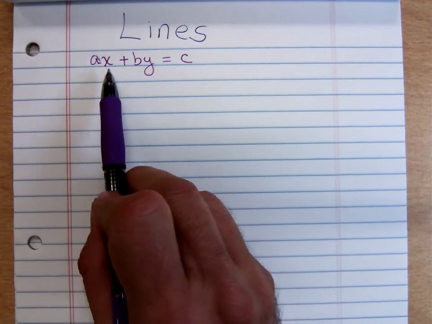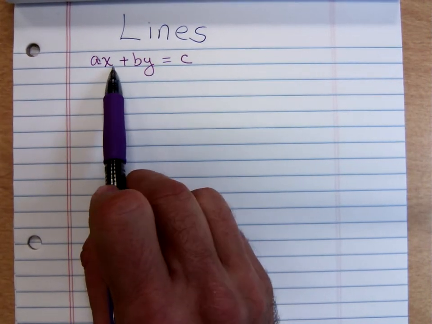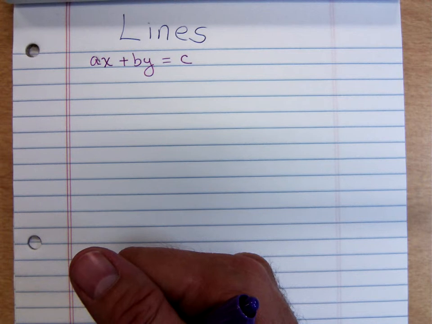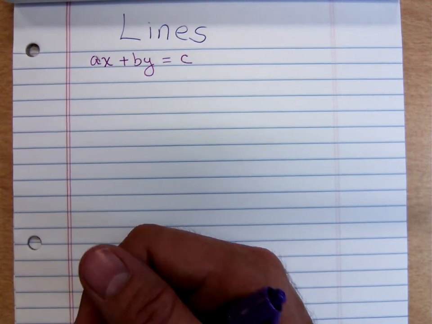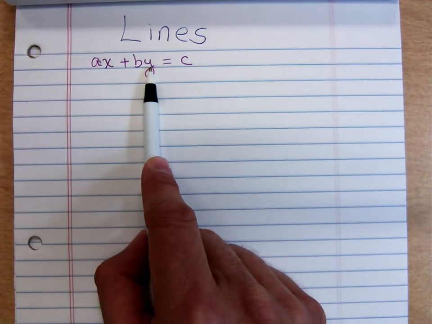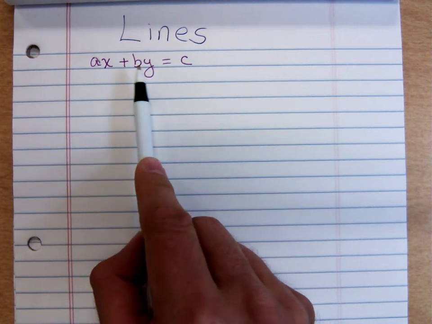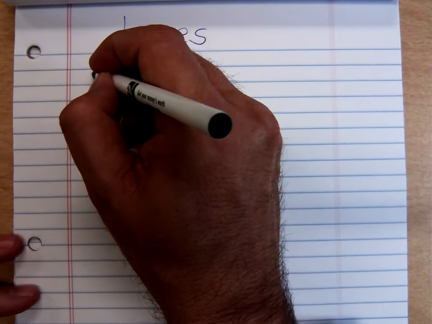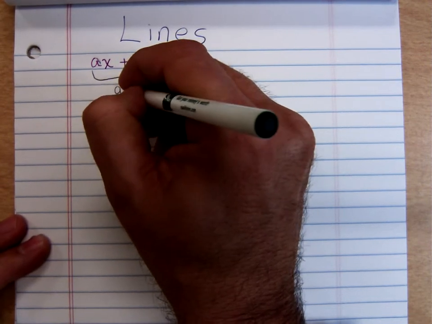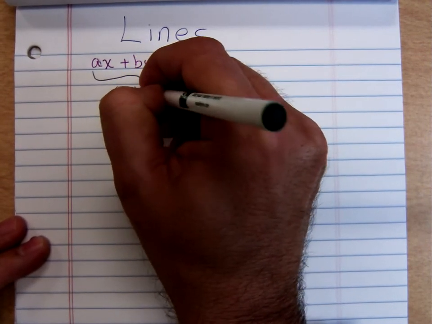There's no exponent on the x or y. The a, b, and c are just numbers. And if there's both an x and a y in the equation, then that graph is a slanted or diagonal line, like the ones that we did the last time.